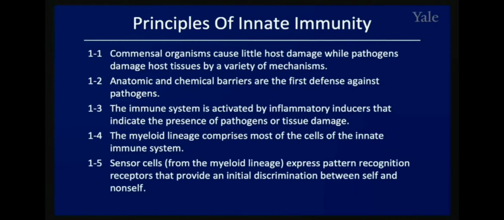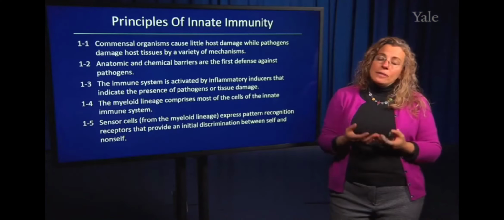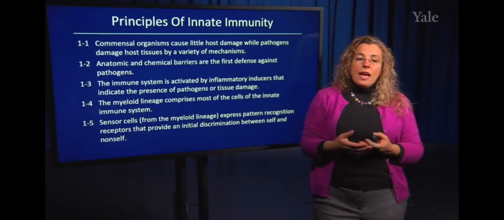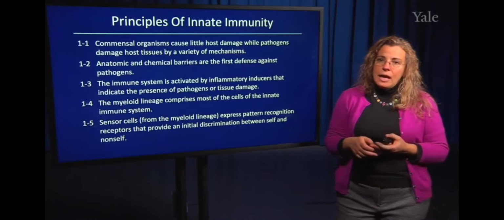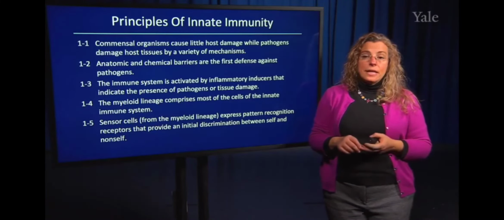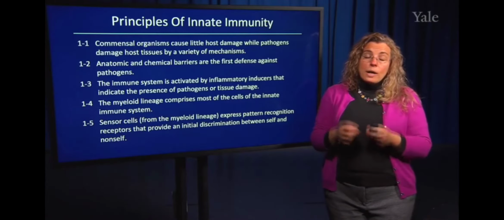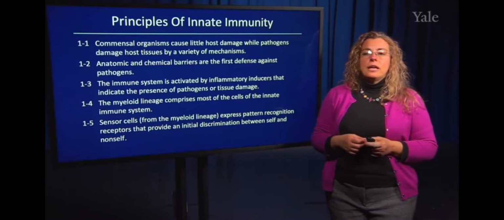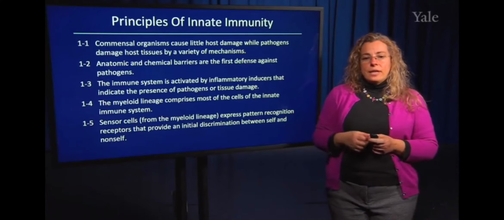So what are the main principles of innate immunity? You have commensal organisms, as I mentioned, that cause very little damage, and the innate immune system needs to distinguish between those organisms that are still foreign to you but not dangerous and a foreign invader that is dangerous.